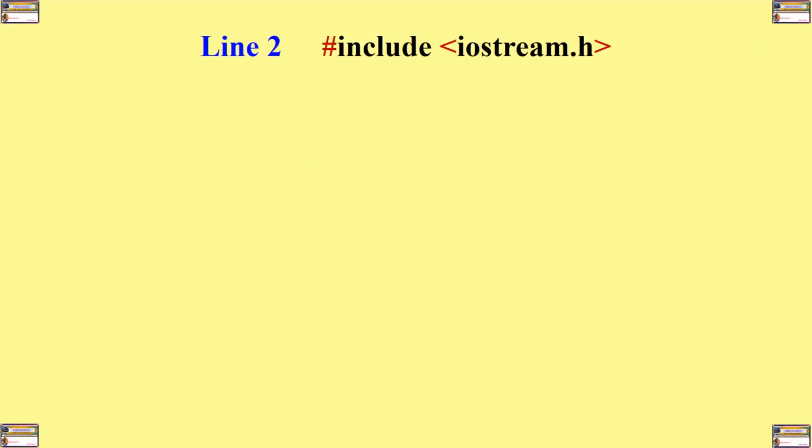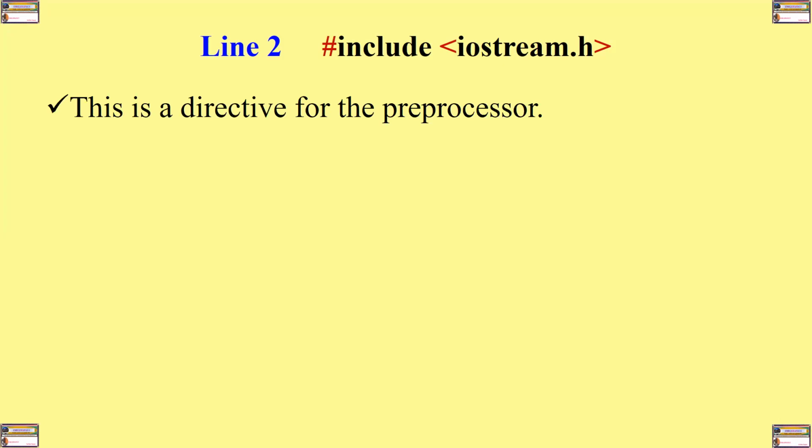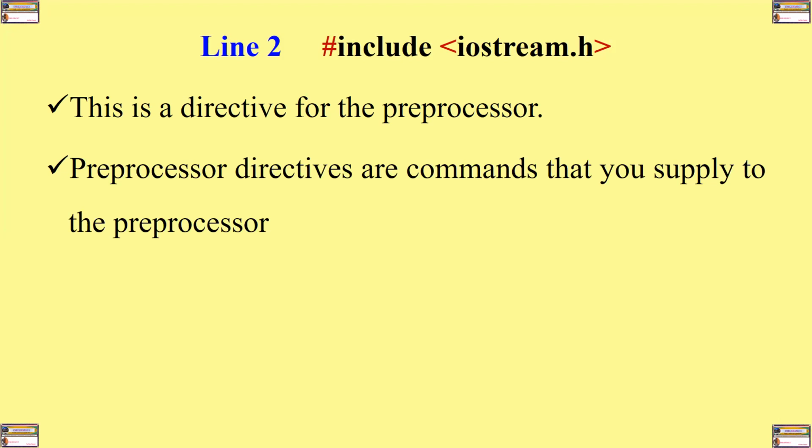My second line is this one, which you can read as hash include angled bracket iostream.h angled bracket. This is usually a directive for the preprocessor. Preprocessor directives are commands that you supply to the processor.